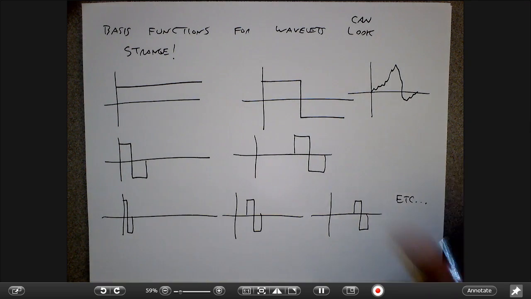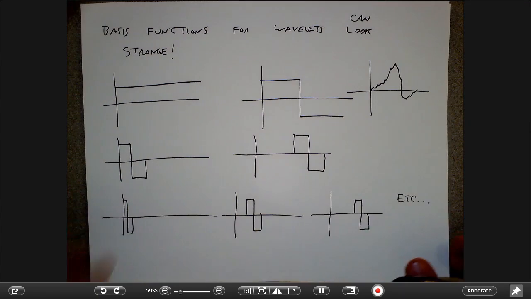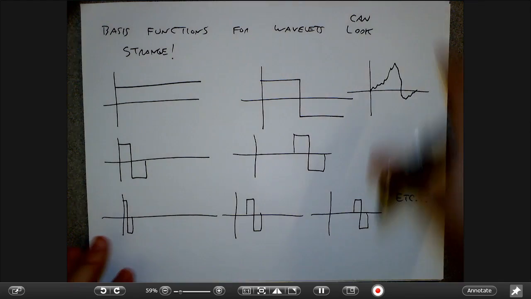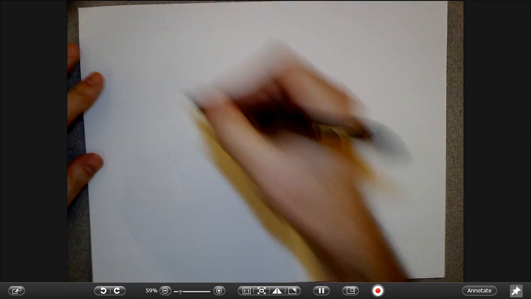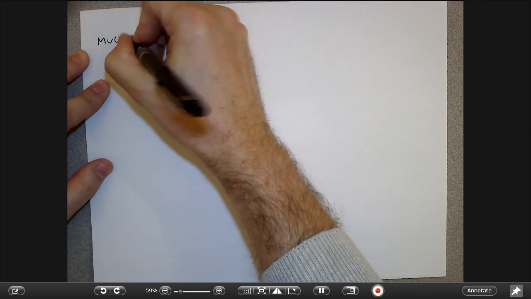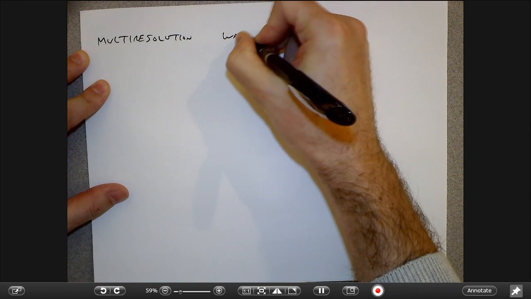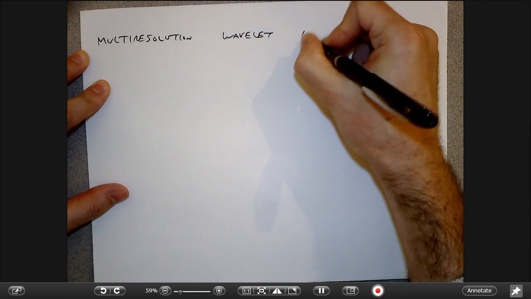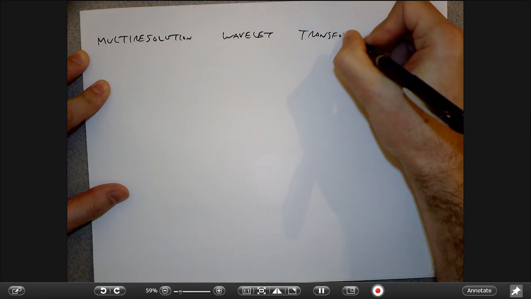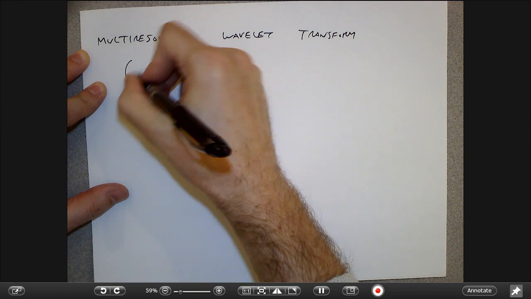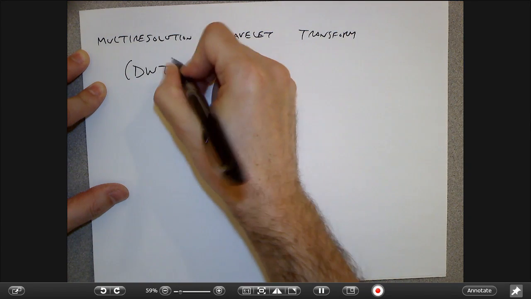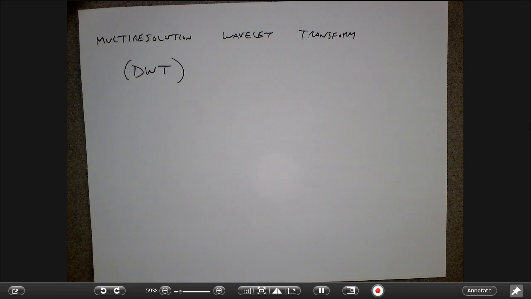And finally, the great thing about wavelets, the reason that this is not just some sort of mathematical toy, is that with this multi-resolution wavelet transform, there turns out to be a DWT, discrete wavelet transform, which is just the same as the DFT, the discrete Fourier transform.